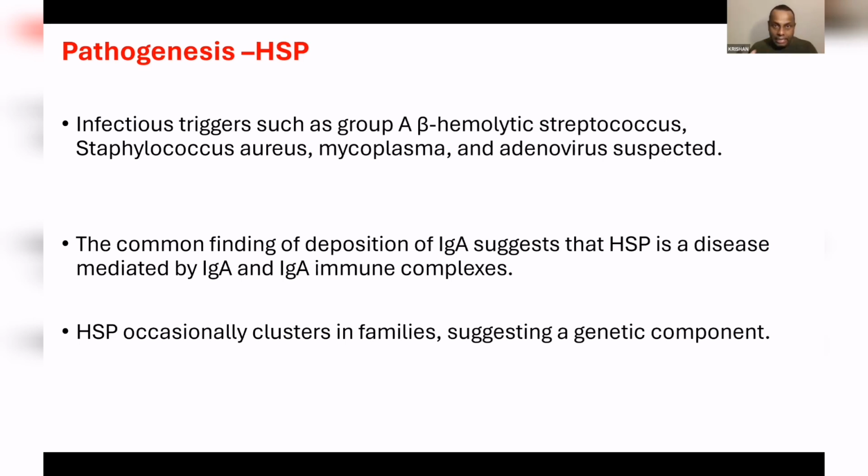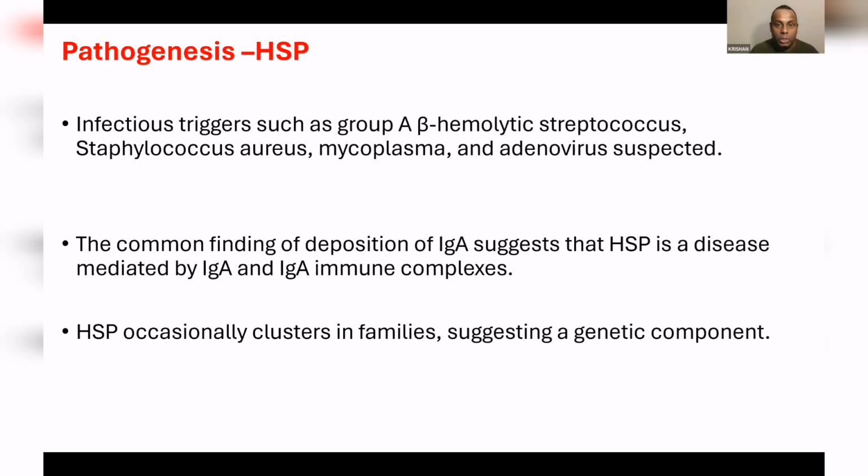So we don't know what the exact pathophysiology or pathogenesis is. However, there's a suggestion this could be triggered by some infections such as beta hemolytic streptococci, staphylococci, mycoplasma, or sometimes viruses like adenovirus.